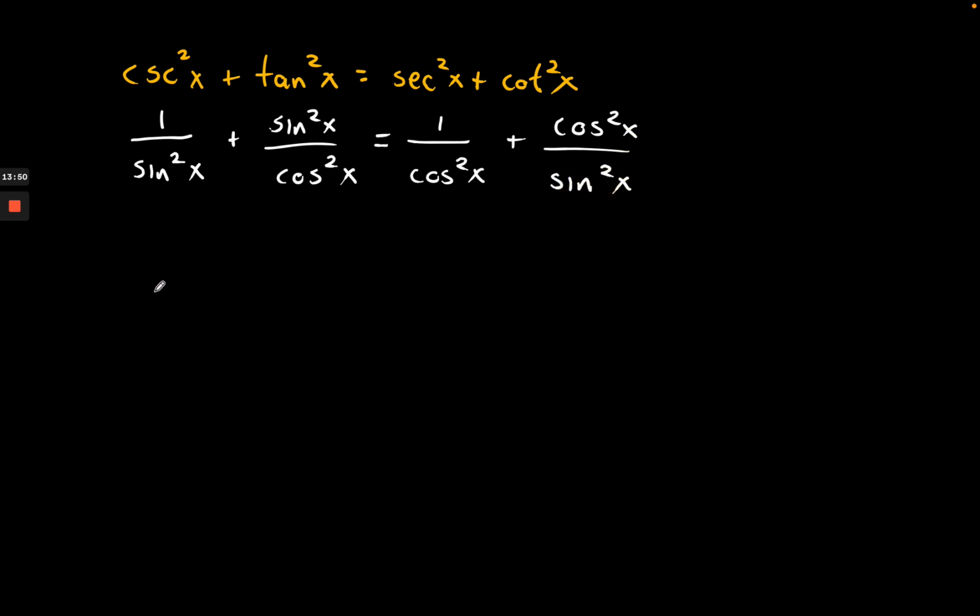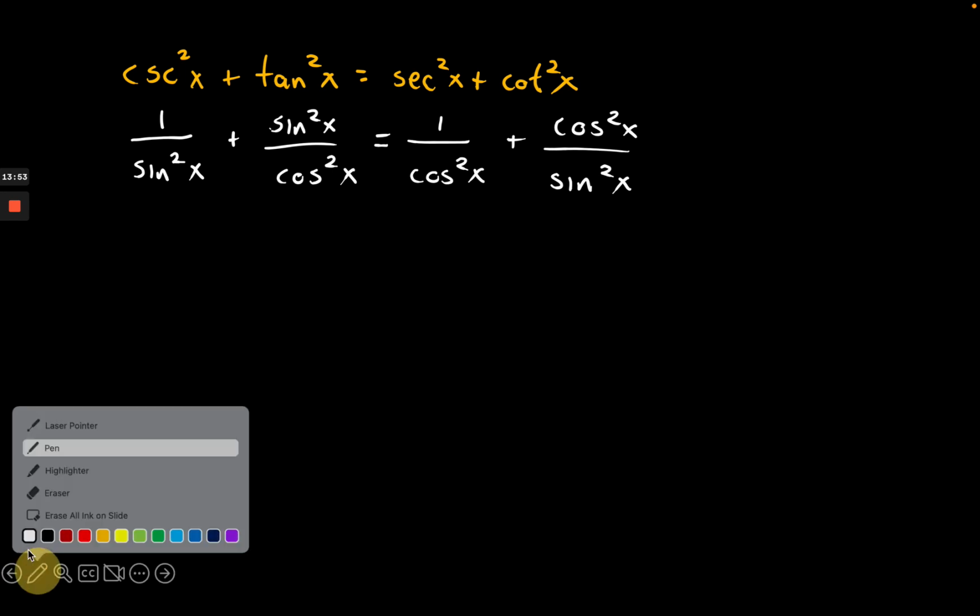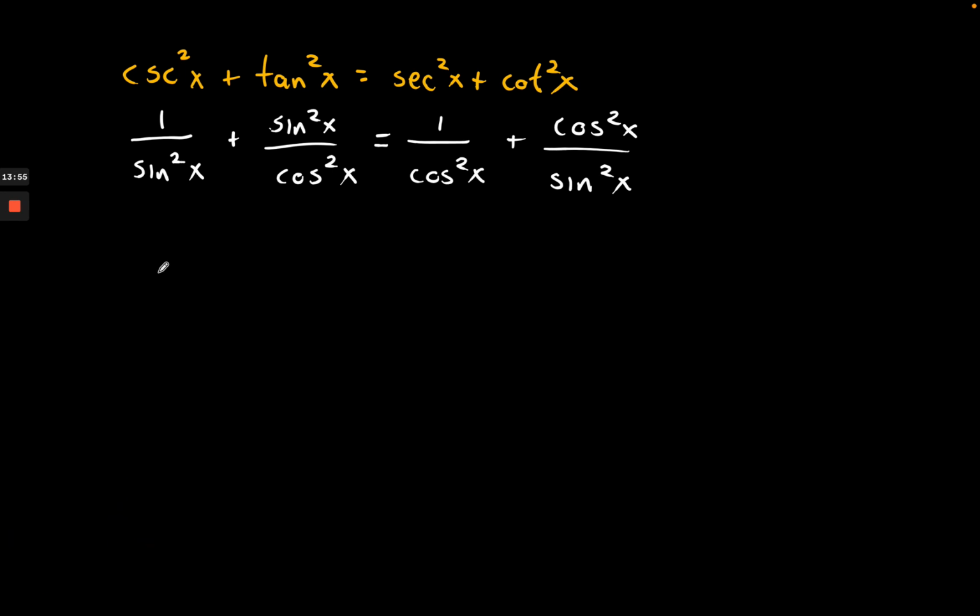Okay, so what we're going to do here is get a common denominator. The common denominator will be cosine squared x and sine squared x. That's our common denominator. So that means I need a cosine squared x here, all right? So we're going to have cosine squared x over cosine squared x sine squared x plus, see, it does get ugly, doesn't it?